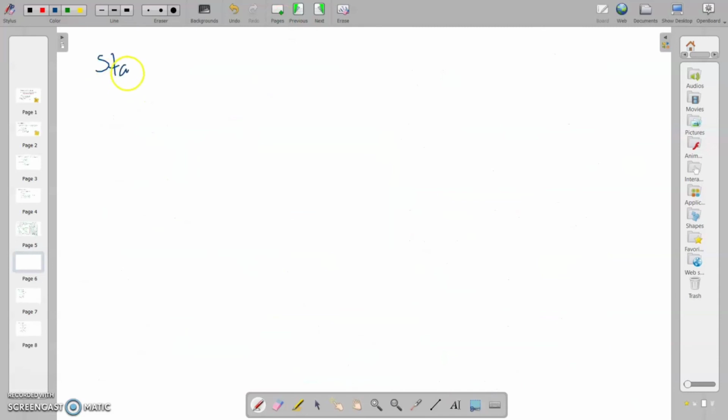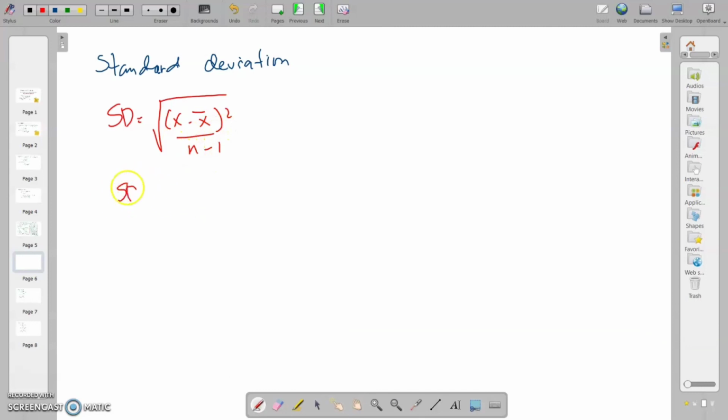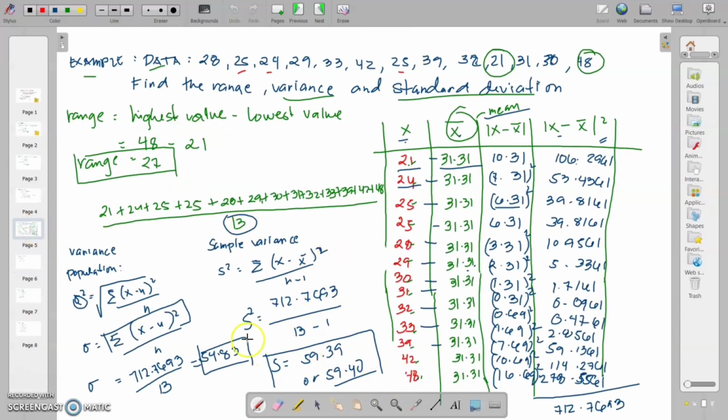So, next is the standard deviation. So, standard deviation, na formula niya is equals to square root of summation x minus x bar squared over the n minus 1. So, SD square root of summation. So, summation yung kanina na ito.